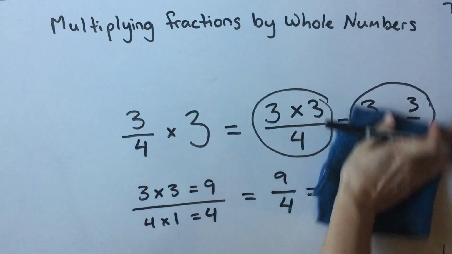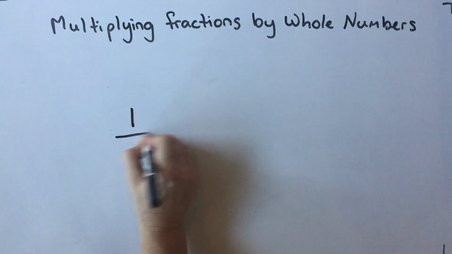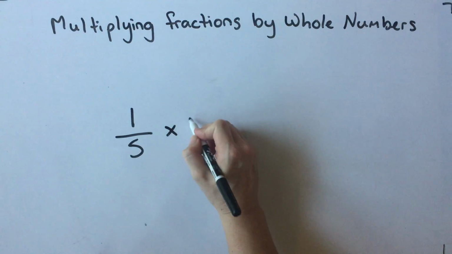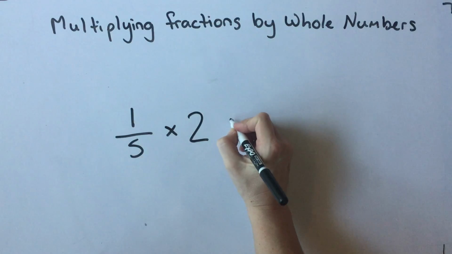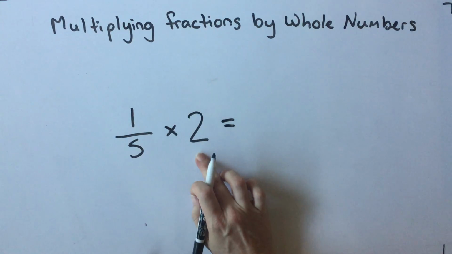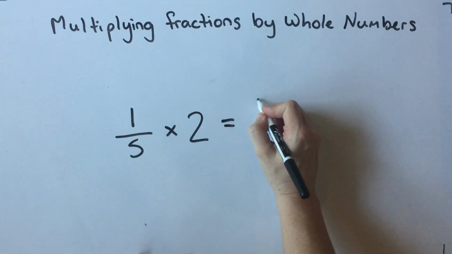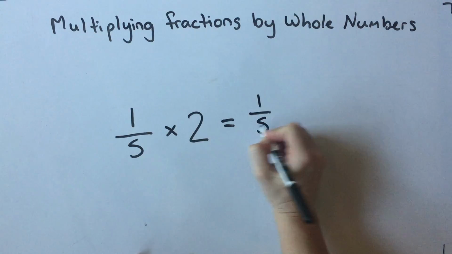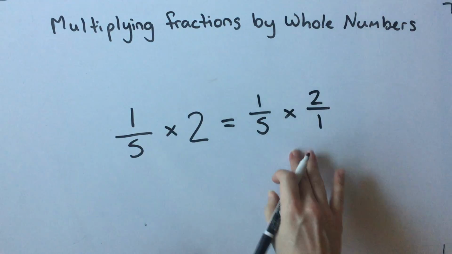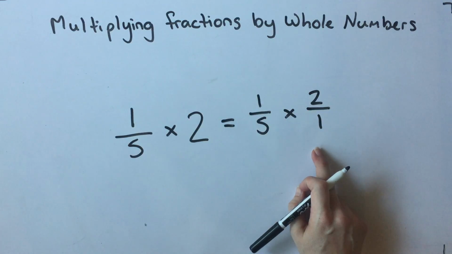All right, let's do another one. 1/5 times 2. We'll keep it nice and easy for this. Remember that 2 is the same thing as 2/1. So the first thing, we're going to rewrite it, 1/5 times 2/1. Now this looks a little weird because I've got a 1 up here and a 1 down here.